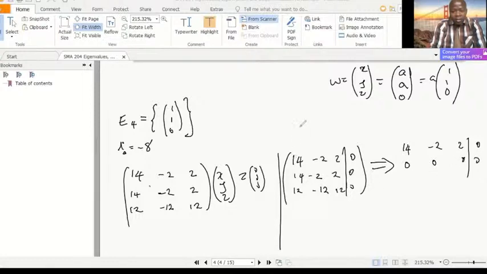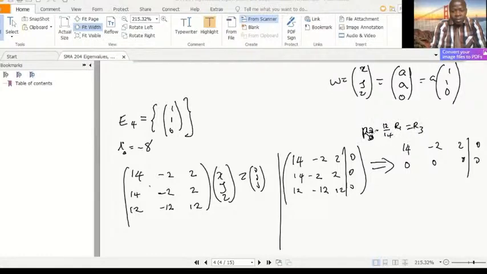Now the third equation, third row. We take the third row minus 12 over 14 multiplied by row 1. So we want to get the new row 3.